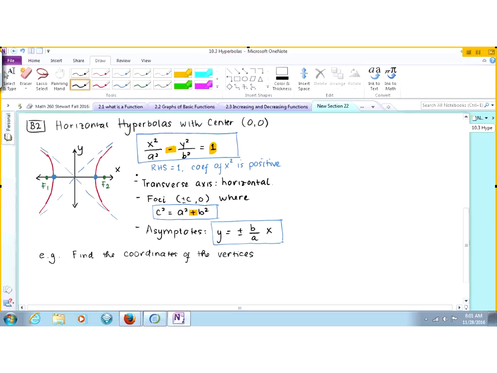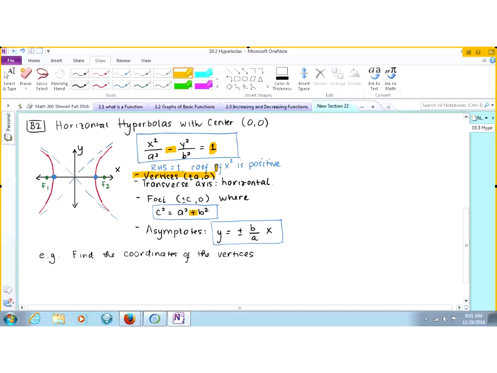Vertices is plus or minus a, comma 0. Do you have to memorize it? Not really. I just added this part, and I should add the vertices on the other side also.